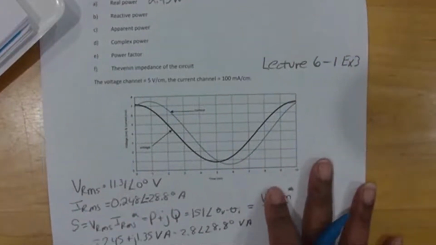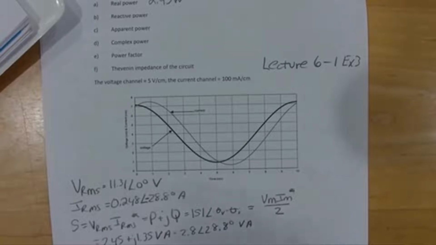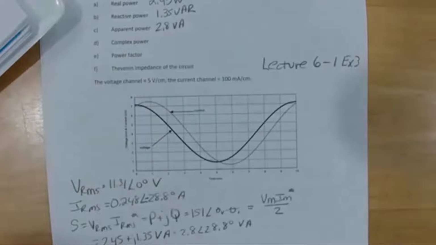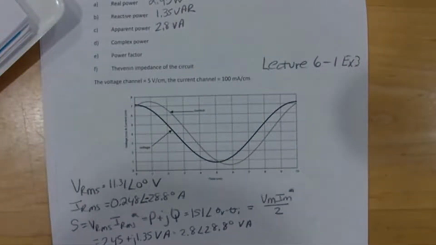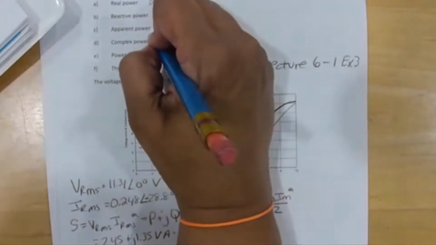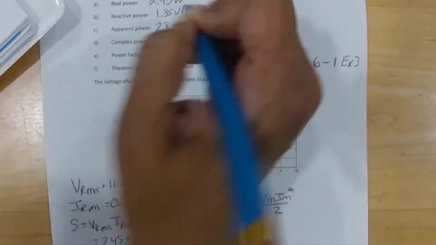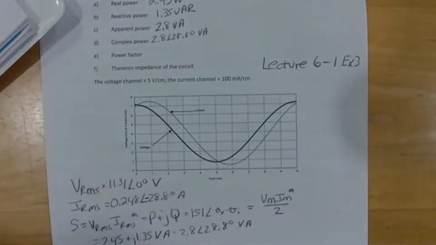The reactive power is 1.35 var. The apparent power is the magnitude of the complex power, so that's 2.8 volt amperes. And then I can write the complex power in either form, so it'd be 2.8 with an angle of 28.8 degrees in volt amperes is fine.